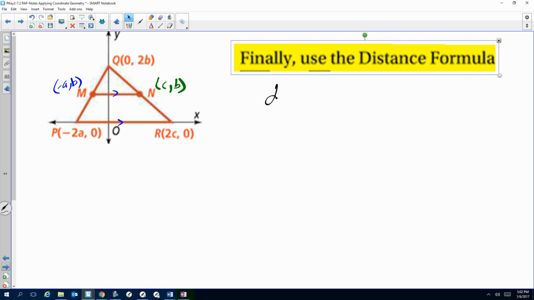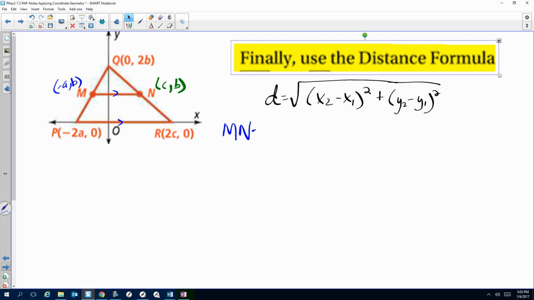The distance formula on your formula chart, which you know right now, is the square root of (x2 minus x1) parentheses squared plus (y2 minus y1) parentheses squared. Now we're going to plug in these variables that we have for each segment. So we're going to start off with our MN, and we're going to simplify it.